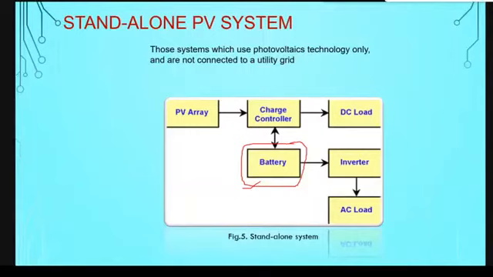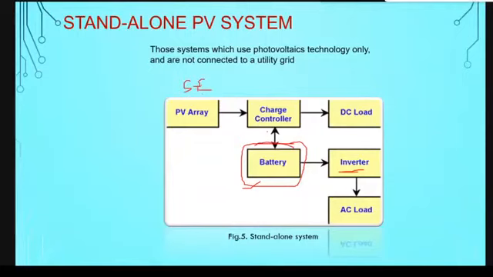So basically what is happening here, the PV system is just converting solar energy into electrical energy. There is power conditioning equipment also, which is not shown in this diagram. After power conditioning, it will be transferred to the battery for the storage of the energy.